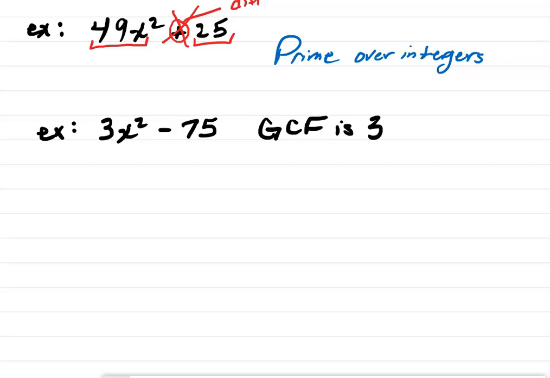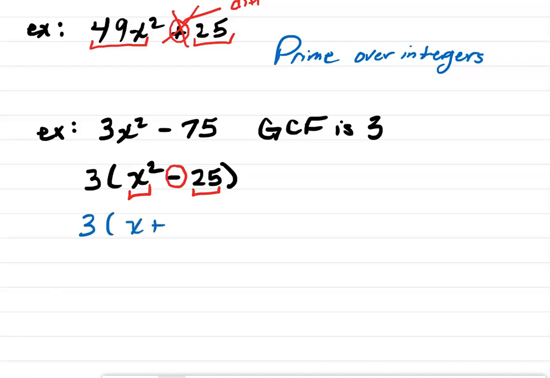So that means I can factor out a 3. So what do I have left? I have x squared minus 25. And if you'll notice, perfect square in the front, perfect square in the back, and then we have our subtraction sign. So how would this be written? It would be written as 3 times the quantity x plus 5, times the quantity x minus 5. And there we go.